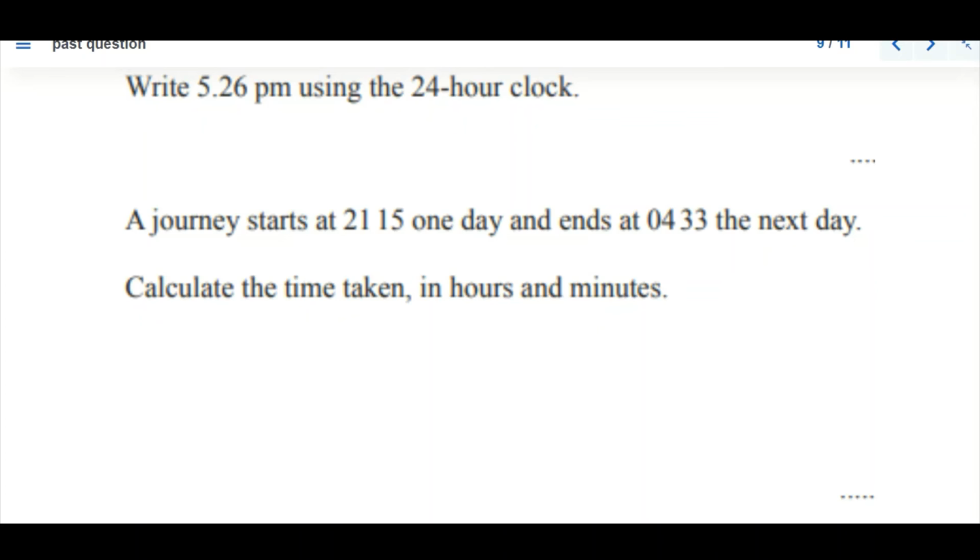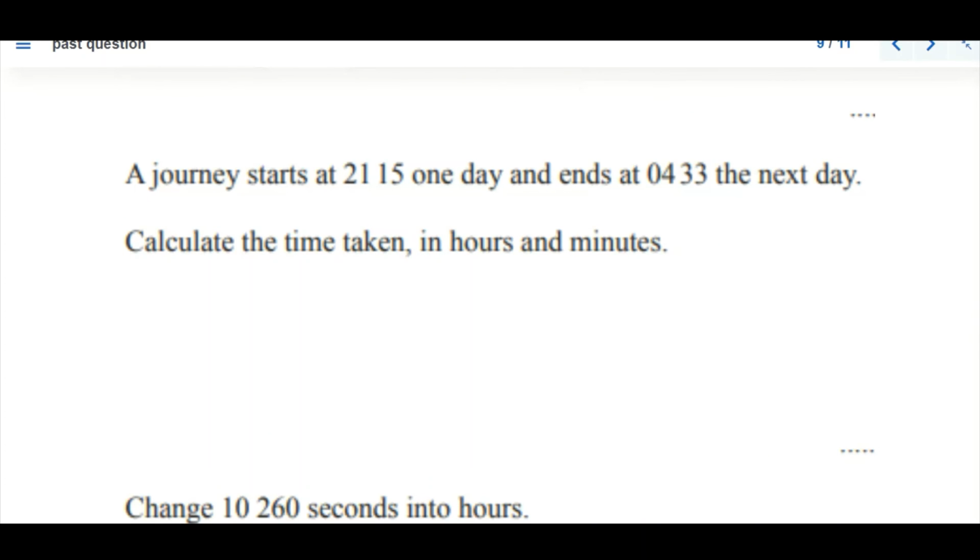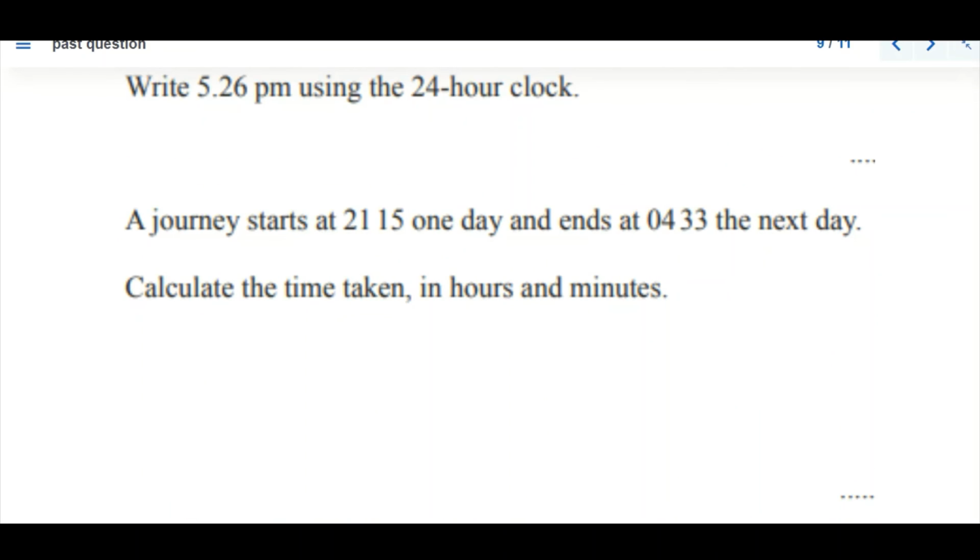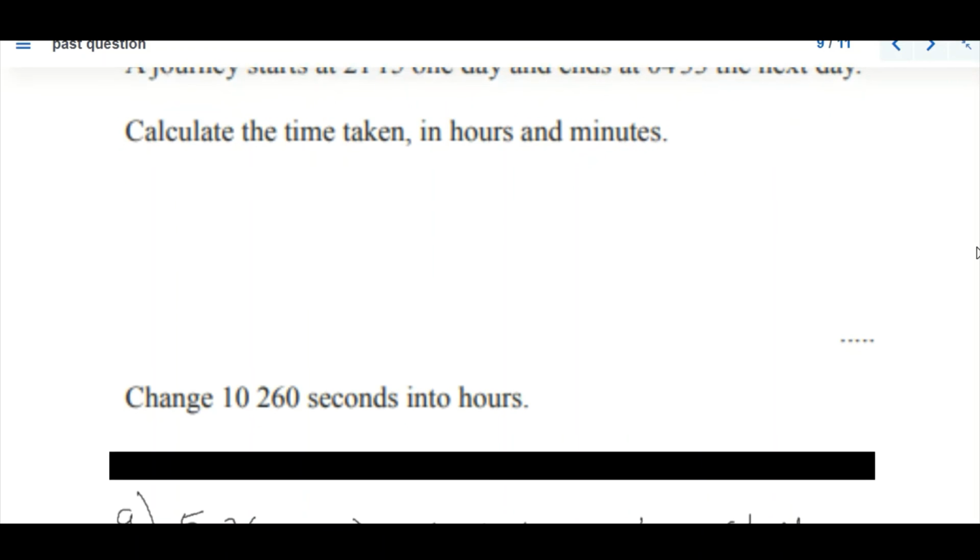They said we should write 5:26 p.m. using 24 hours. So 5:26 p.m. is in the 12-hour clock, and we want to rewrite it in the 24-hour clock.